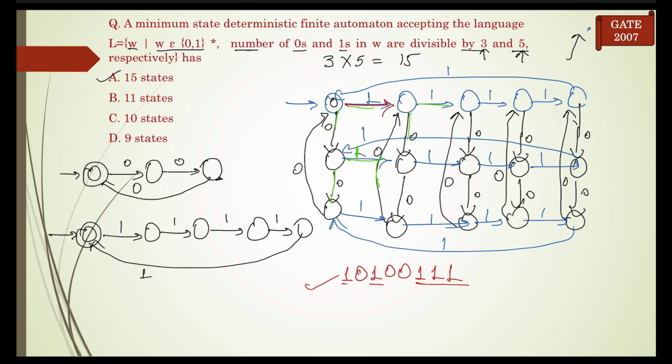Tracing 1, 1, 0, 0, then 1, then 0, and again 0, then 1, 1, 1. So we are reaching the final state. This means this is our final DFA, and you can count the number of states also: 1, 2, 3, 4, 5, 6, 7, 8, 9, 10, 11, 12, 13, 14, 15.